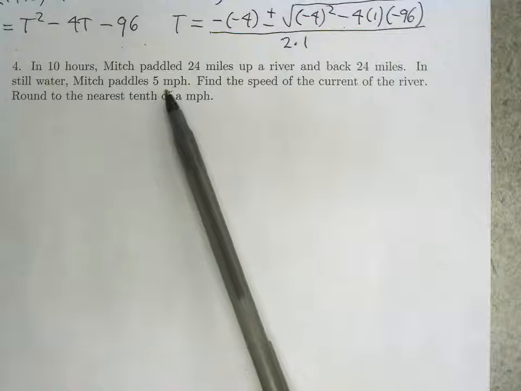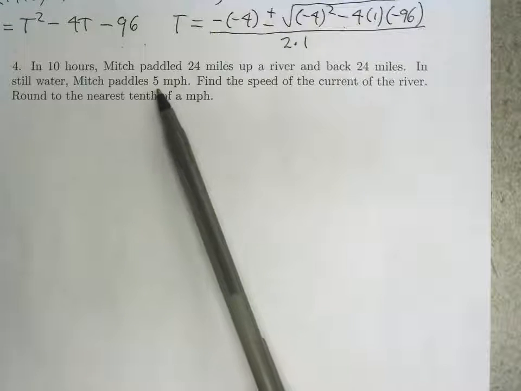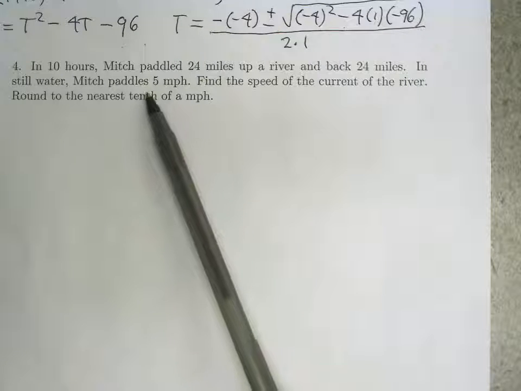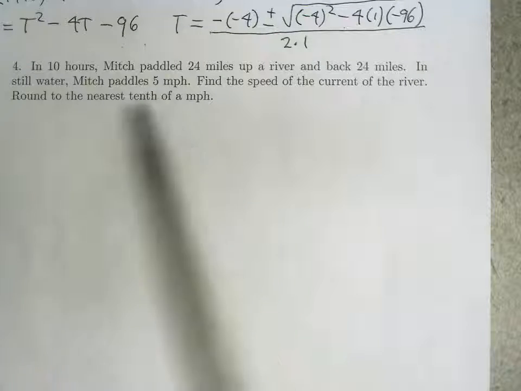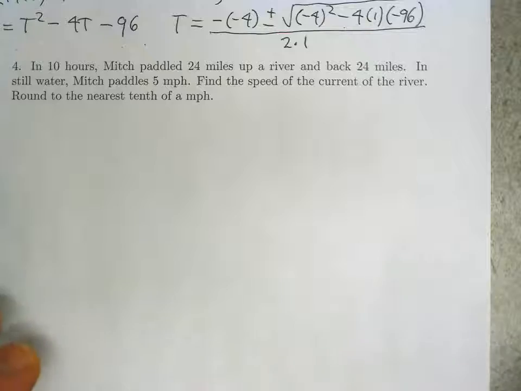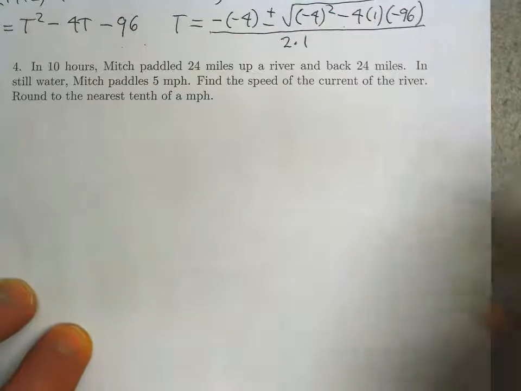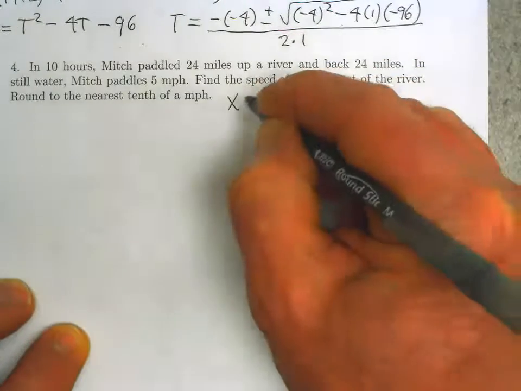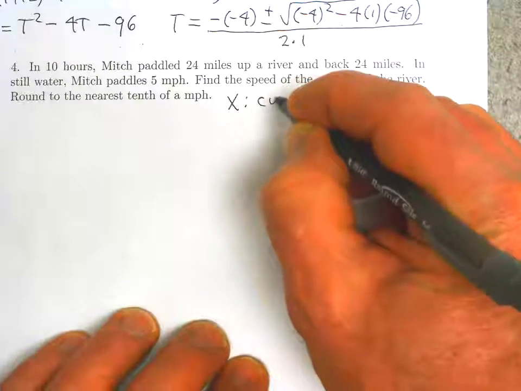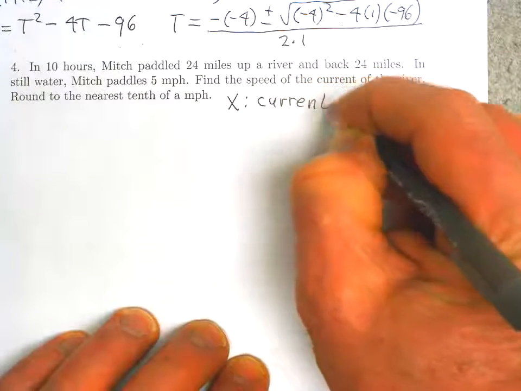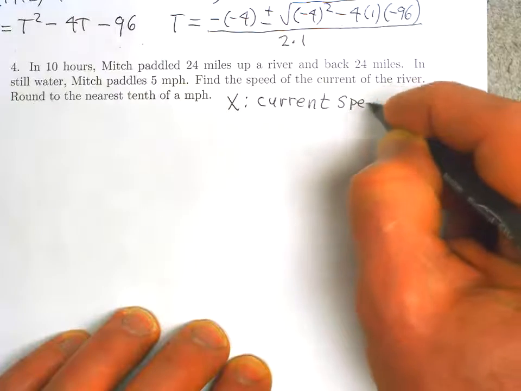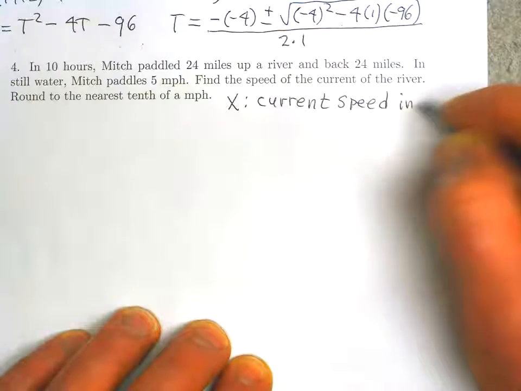And if there was no current, if it was just still water, Mitch would be paddling at 5 miles per hour. And we want to find the speed of the current, so we'll just pick x to be the current speed, or the speed of the river in miles per hour.